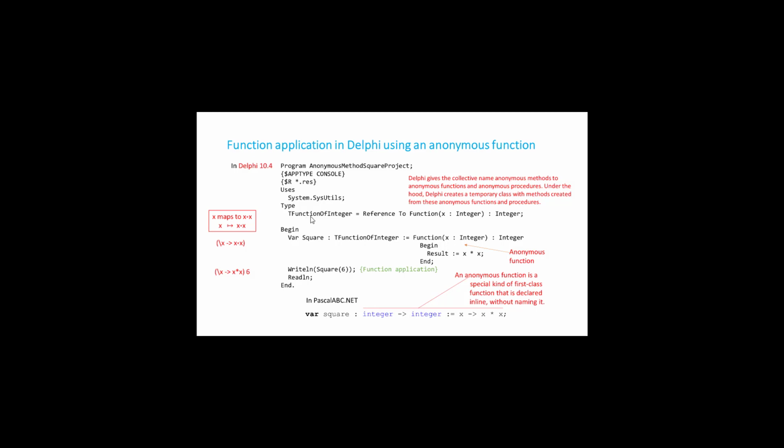Notice this function has no name because it's an anonymous function type. Now I need to create the variable square, which I do here with an inline declaration. And I need to specify the type of this variable, and it's a function type.